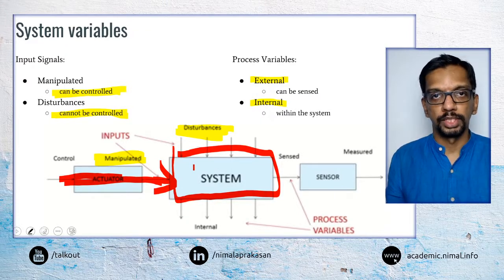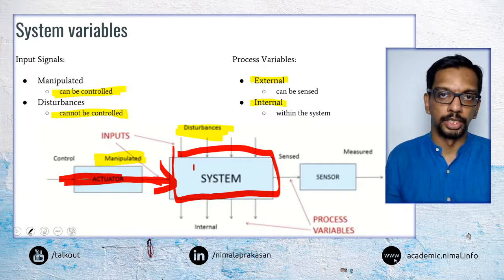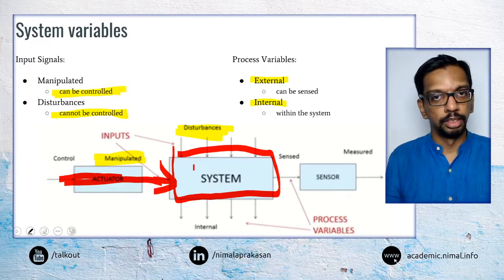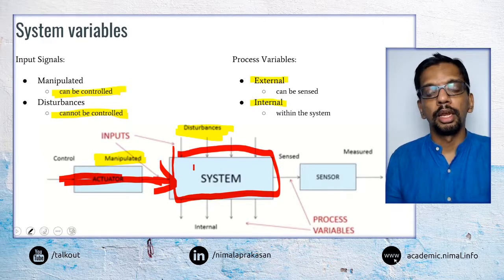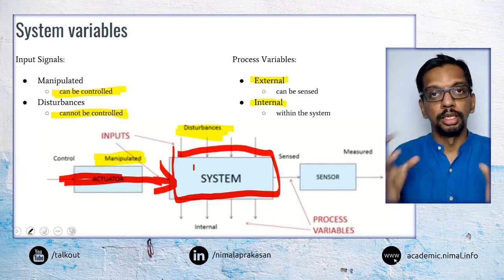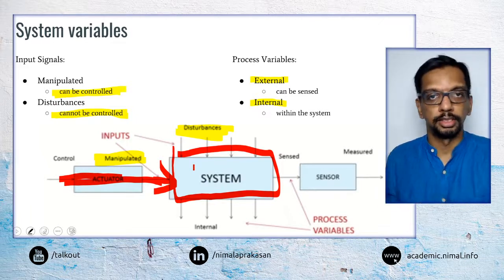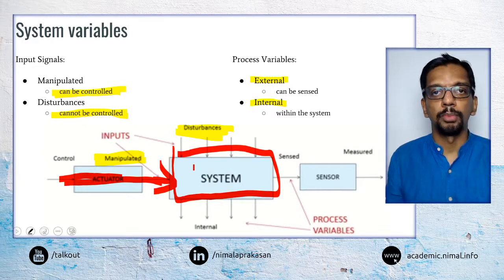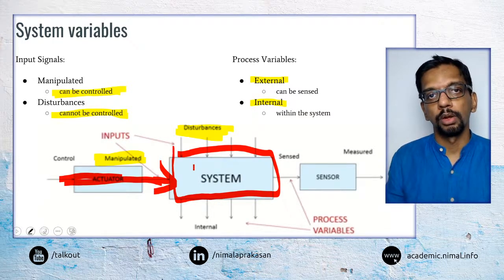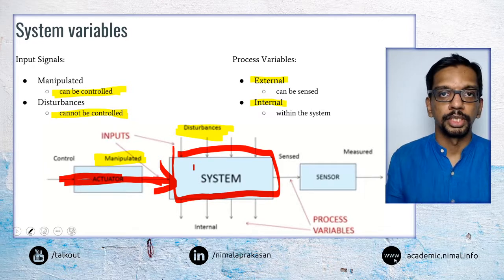So we may have a sensor in the room and sense the temperature that way. Whereas certain other systems may produce internal process variables, and those may be internal and not measured externally. So these are some of the different variables that we may come across when talking about these types of systems.